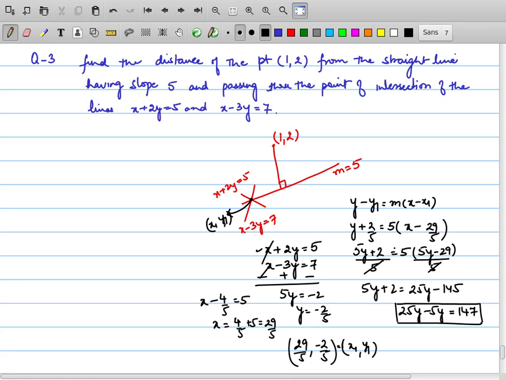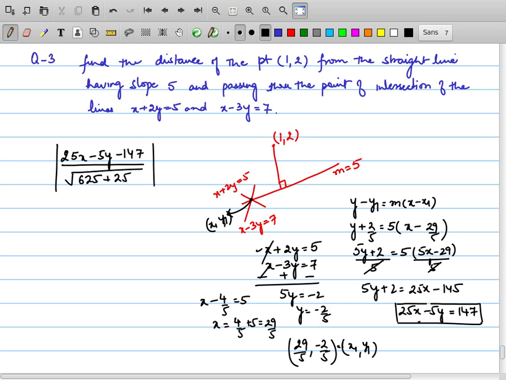And now, since we know our equation, we can find the perpendicular distance using the concept. Bring every term to one side. So 25x - 5y - 147 divided by the square root of the coefficient of x squared, that is 625, plus the coefficient of y squared, that is 25.